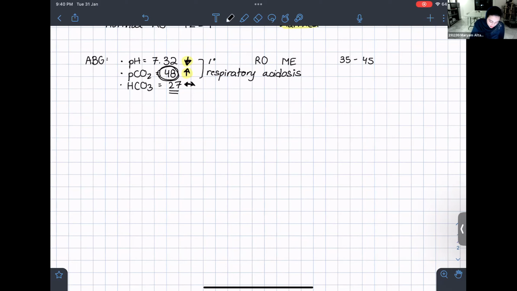This part is easy. What we tend to do in acid base is we usually take a middle number. For example, instead of between 35 to 45, for our calculations, we're going to take, let's say, 40.